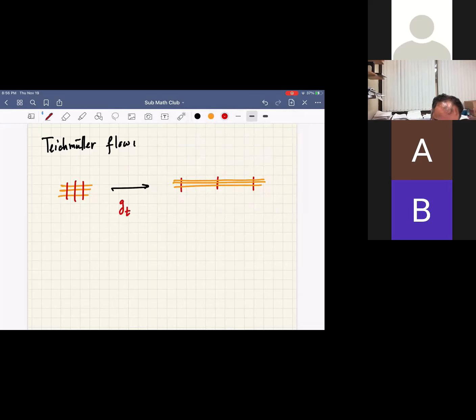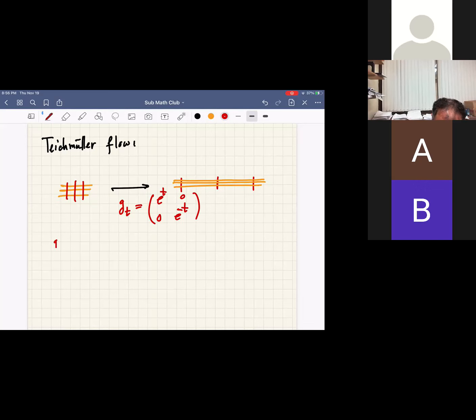So this is the Teichmüller flow, and as we said, we stretch and contract with the same factors, which looks like applying a diagonal matrix to these things. There are a couple of facts about this.